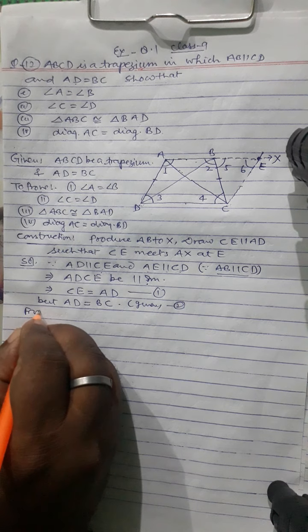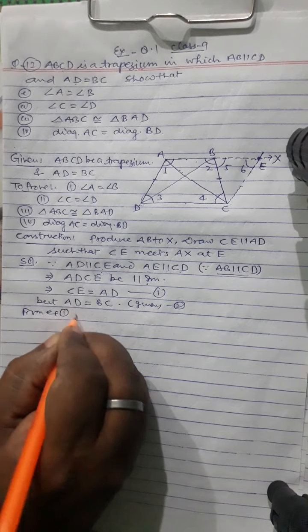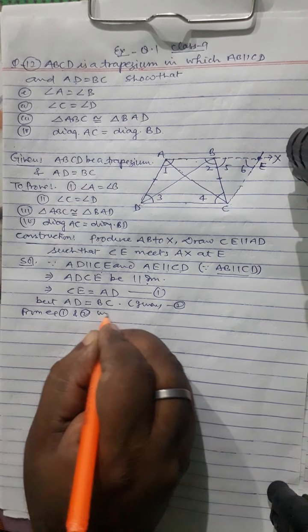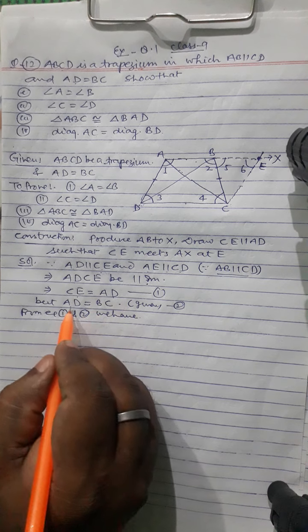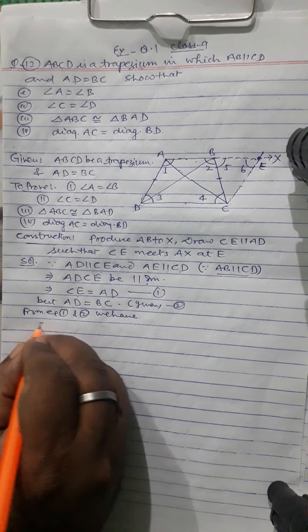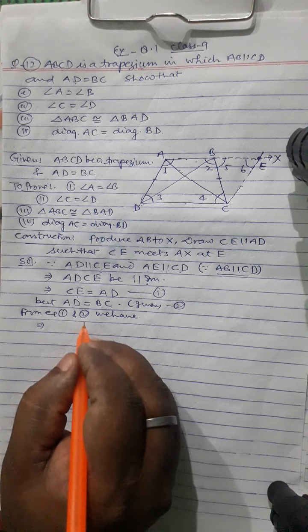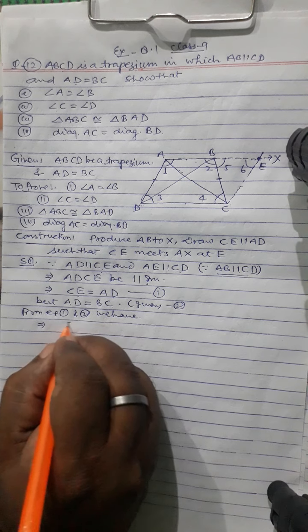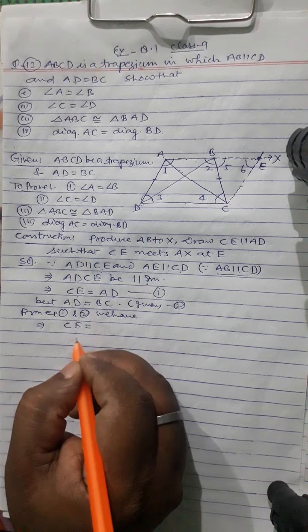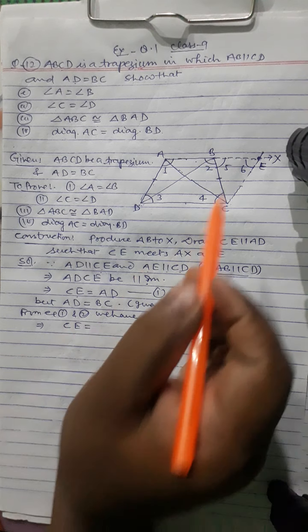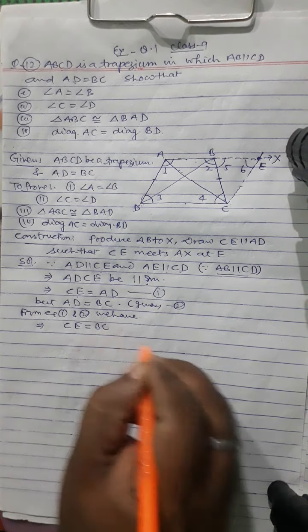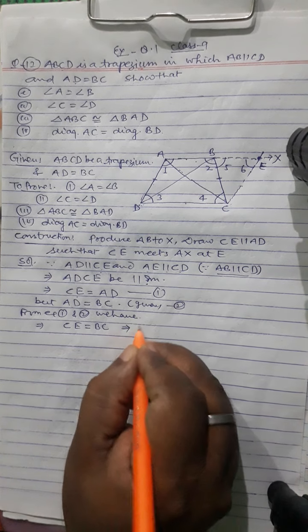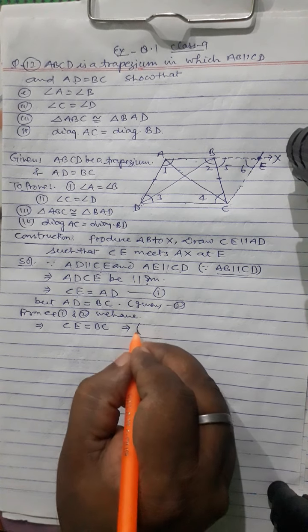Now from equation 1 and 2 we have CE is equal to AD, AD is equal to BC. Now this implies that CE is equal to BC.